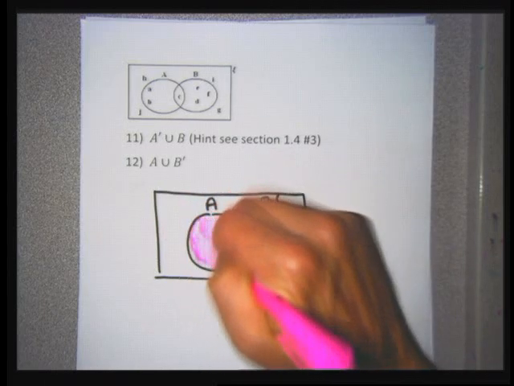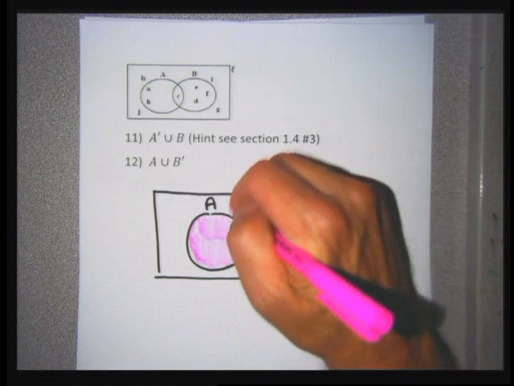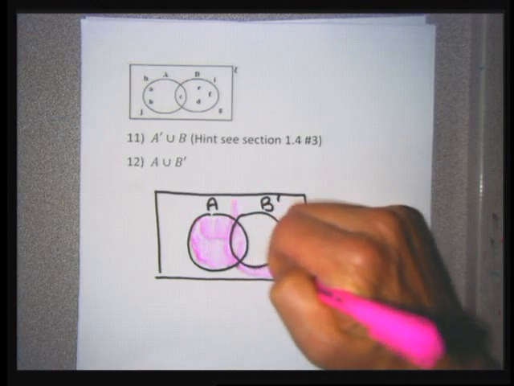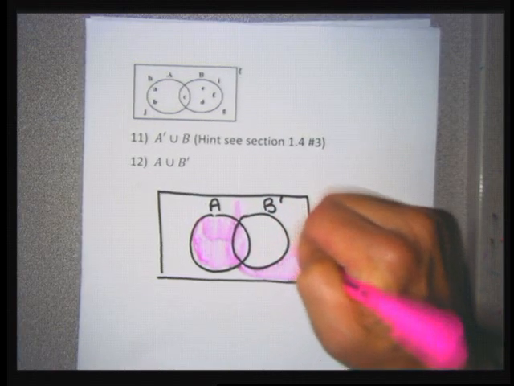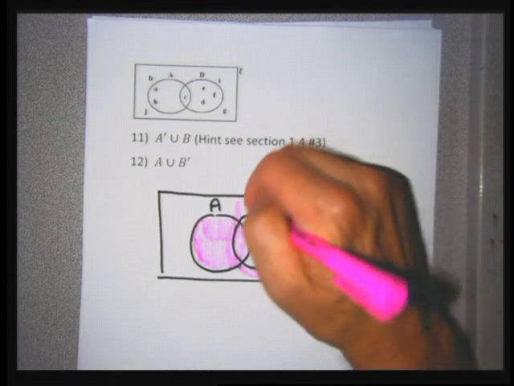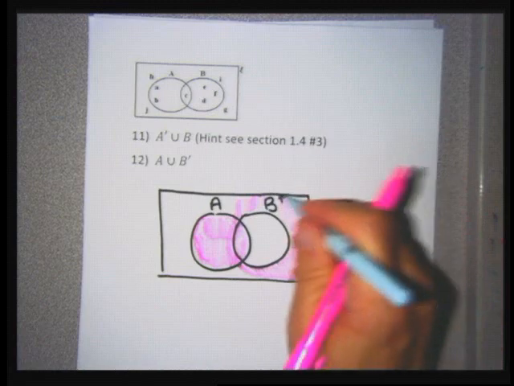And for unions, you don't need multicolors. For intersection, you need where colors overlap, so I'd need multicolors. So there's the A part, and now I'm going to put the B prime part in. And B prime is going to be unioned together, so anything that's shaded when I shade A or when I shade B prime. This is not B prime, that's B, I'm shading B prime.